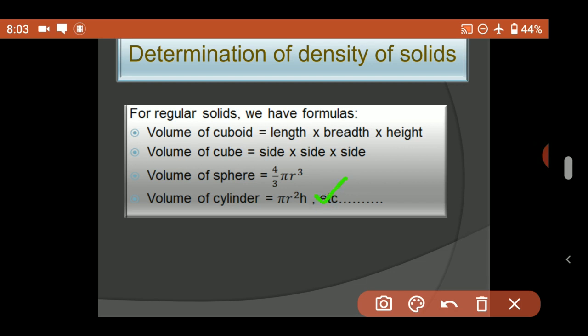Here again the r stands for the radius of the circular part of the cylinder, and the h stands for the height of the cylinder. So r is the radius and the height is h, and we get the volume of the cylinder.